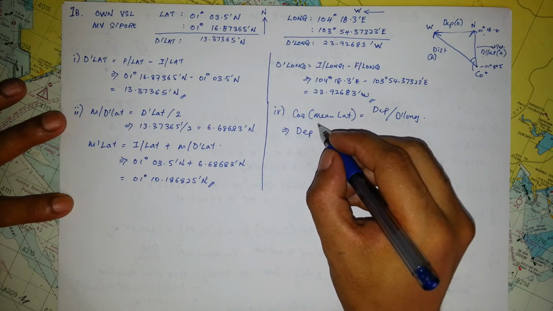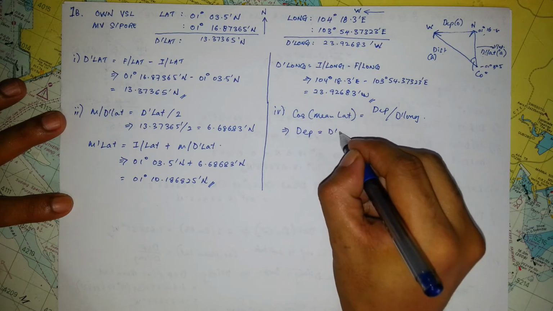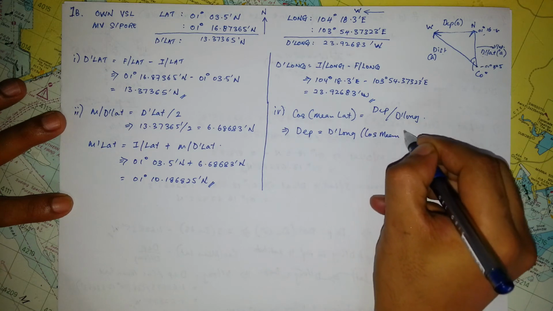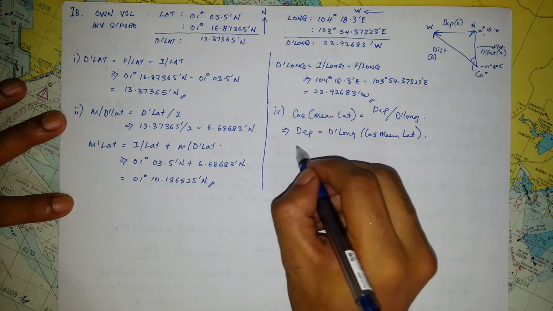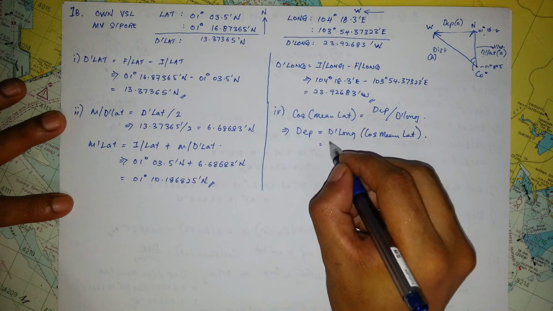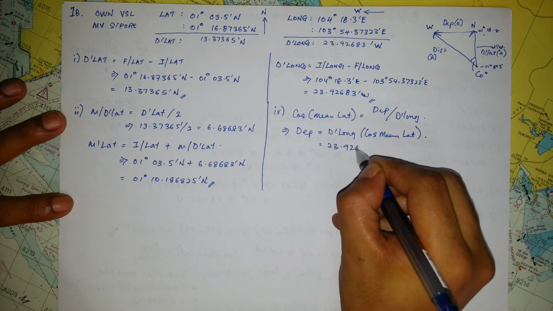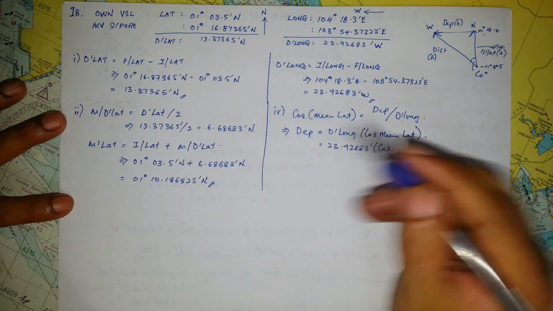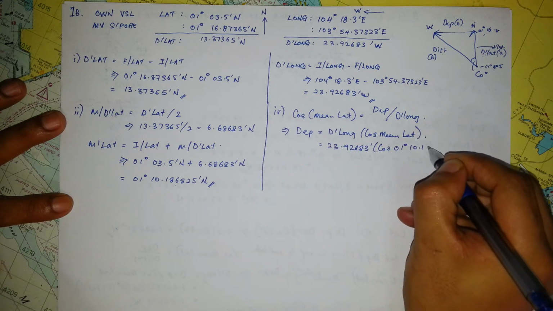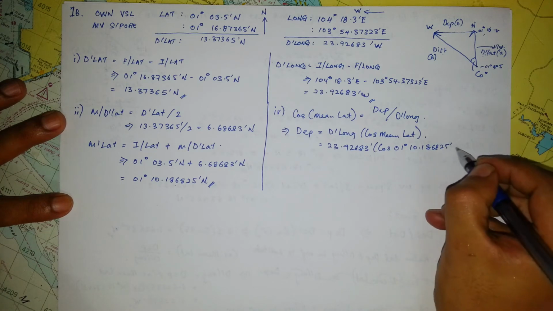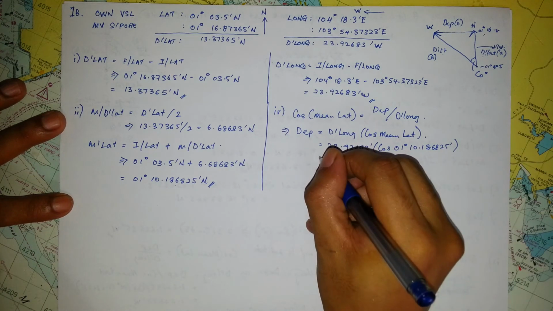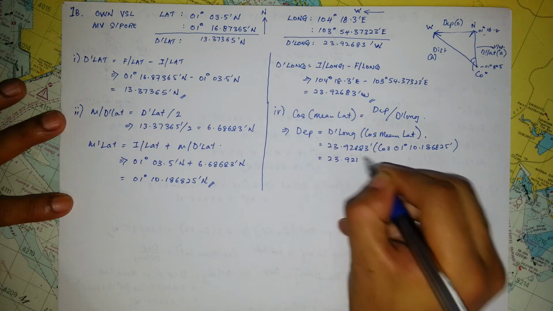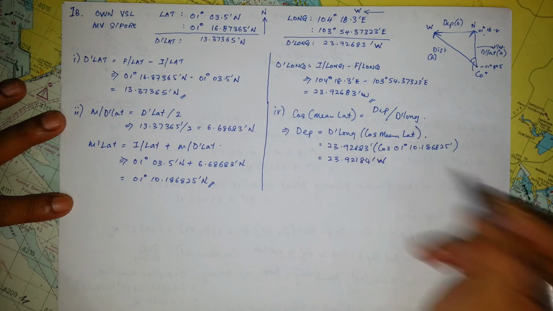The departure equals the D long times cosine mean lat, which equals the D long we have, 23.92683 minutes times cosine mean lat here, and we will have the departure as 23.92184 minutes west.